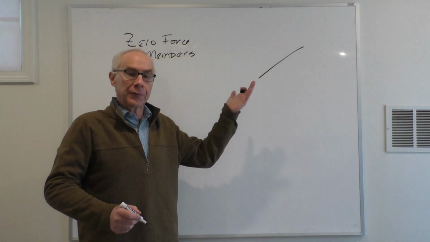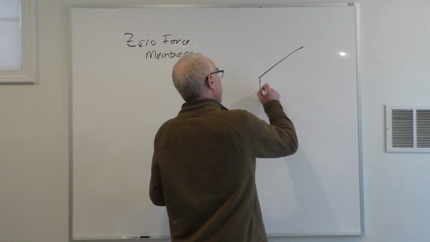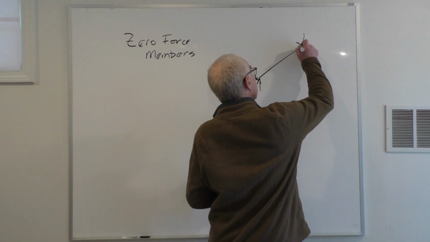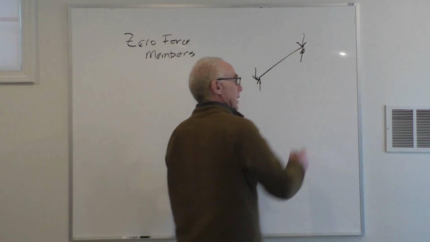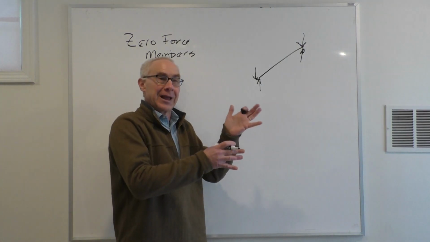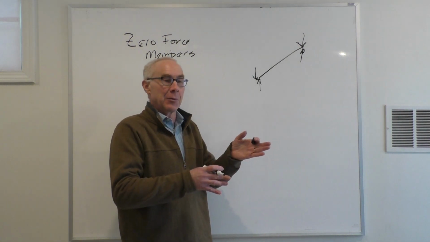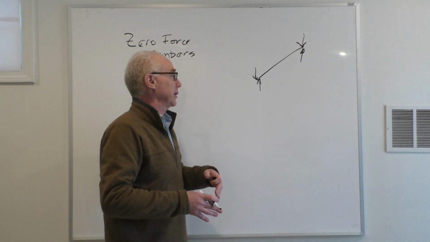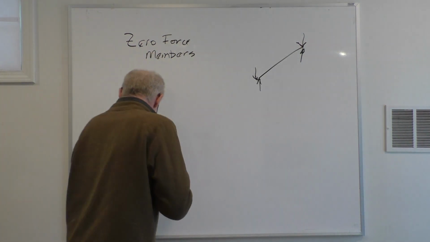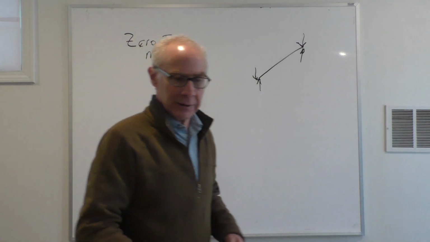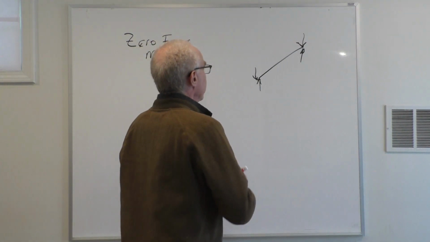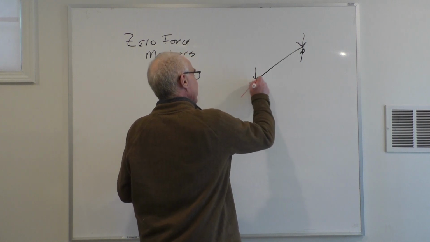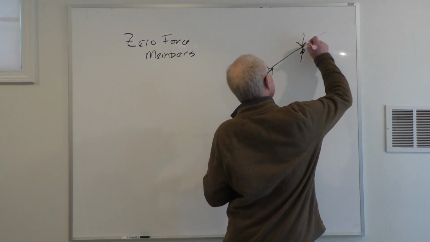member. If this were a two force member, it would have only forces on each end. And if it were in equilibrium, the sum of the forces in the x direction equals 0, sum of the forces in the y direction equals 0, sum of the forces in the z direction, and all the moments were equal to 0, then it would turn out that the resultant vector through this thing would line up with the axis of the member.